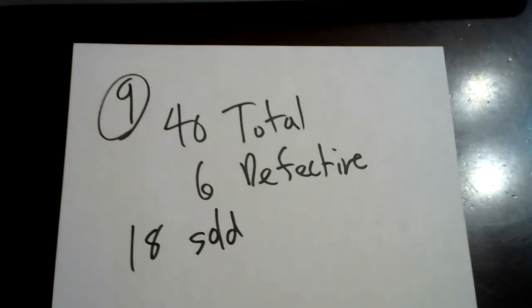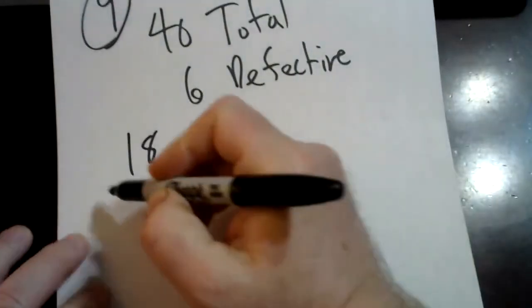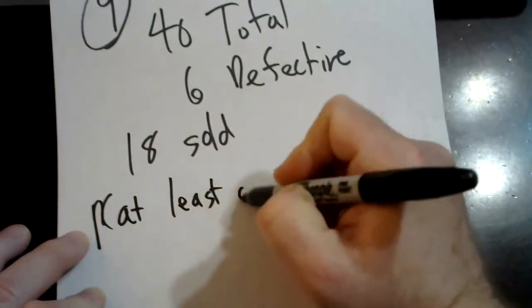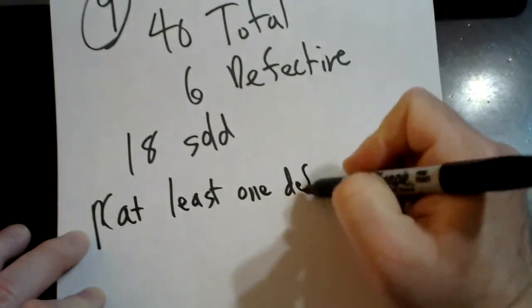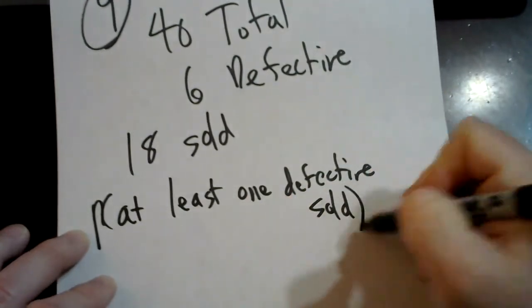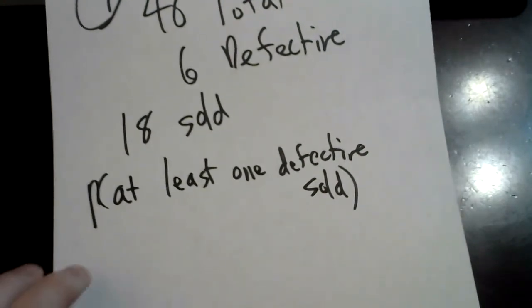And by the way, they give us a little hint here, but it says, what is the probability that at least one defective camera was sold? All right. Now, this is a good example of a problem where it's easier to find the probability of the complement.